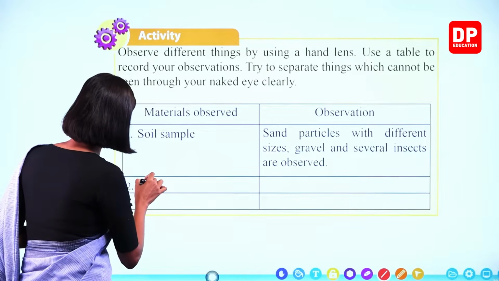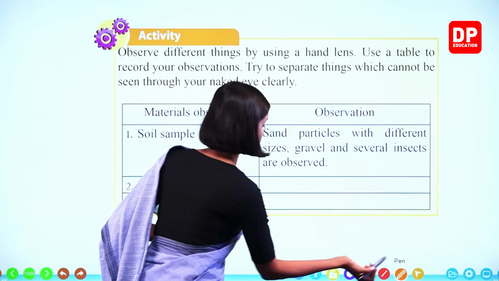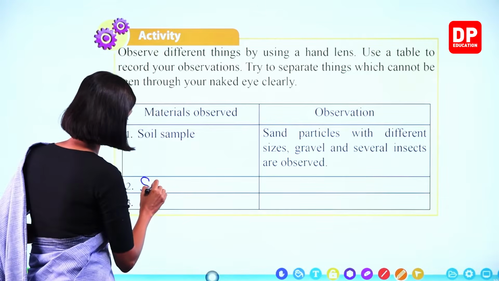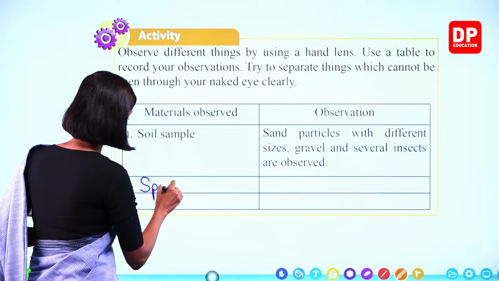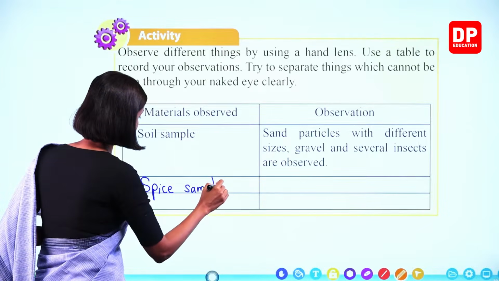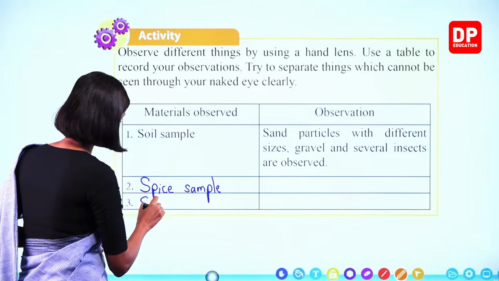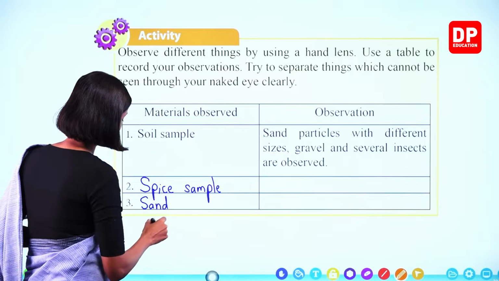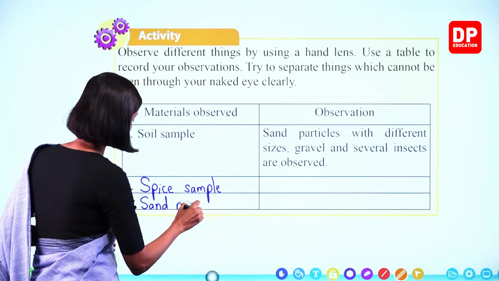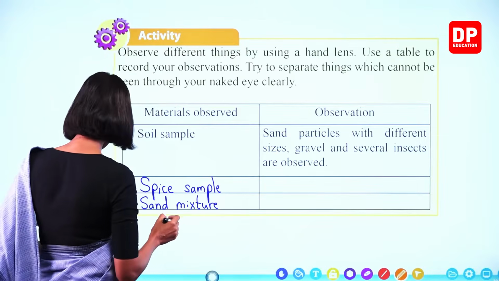We used a spice sample. Spice sample and sand mixture. Sand sample.